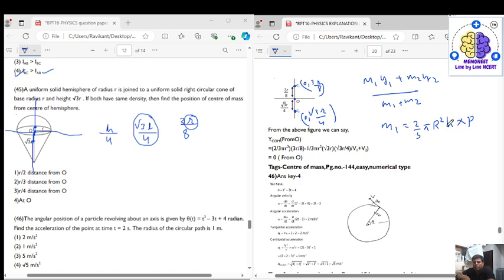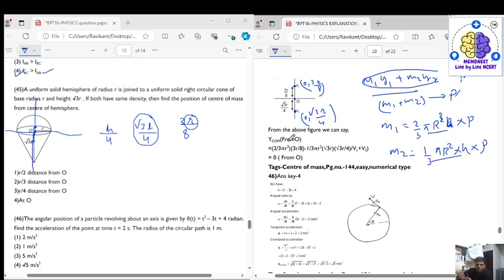And m2, for the cone, will be equal to 1 by 3 pi r square into h into rho, right? Now putting the values of r and h, from here rho will come as common in the numerator and denominator. So rho and rho get cancelled out. What we are left with is the volume and volume.